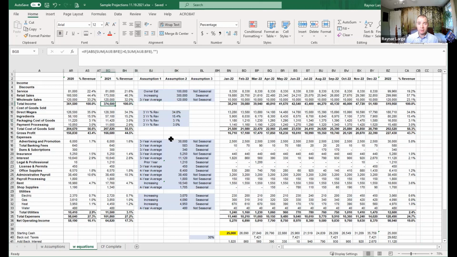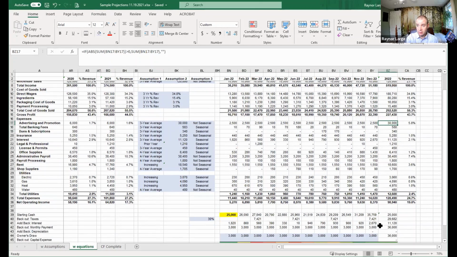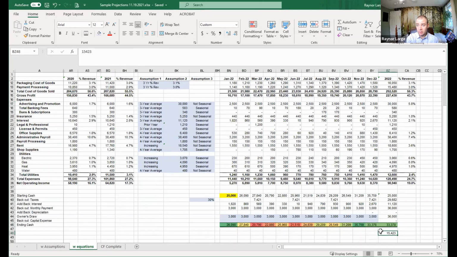So even though I'm driving up my sales from 374 to 519, my gross profit after costs is only going from 166 to 227. On top of that, I'm spending 25,000 more in advertising and promotion. So my bottom line is going from $15,000 in cash to $33,000 in cash.